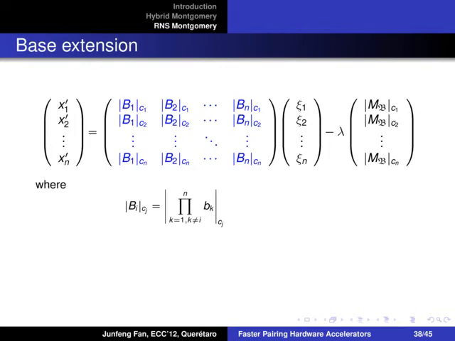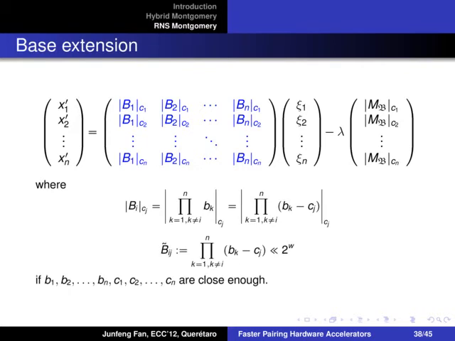So the constant here, bi modulo Cj, is defined as the following. It's all the small primes in base B, but bi, that's the product of these numbers modulo Cj. Okay. So you can write it in a different way. Of course this is valid because it's mod Cj, so you minus Cj, it doesn't change anything.